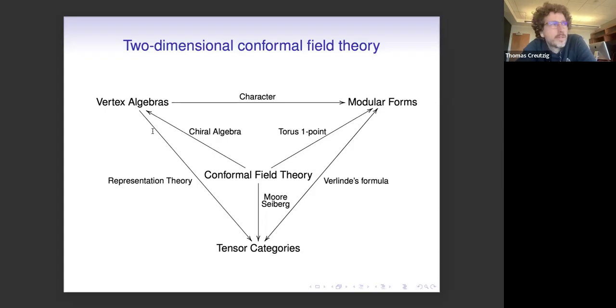Now, a conformal field theory is supposed to be defined on any Riemann surface. If you look at the conformal field theory on the torus and only allow for the insertion of a single field, then you get vector-valued modular forms. These vector-valued modular forms should, of course, correspond to modules of the vertex algebra. On the other hand, quite a while ago, Moore and Seiberg tried to axiomatize what they think about conformal field theory, and eventually that was translated to the notion of a modular tensor category. Right?